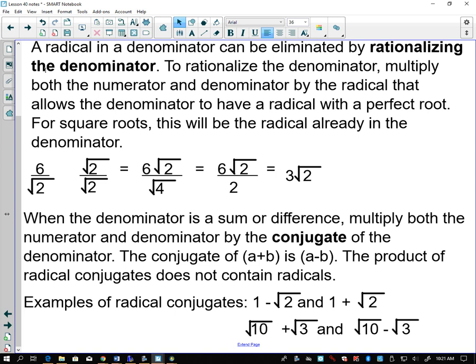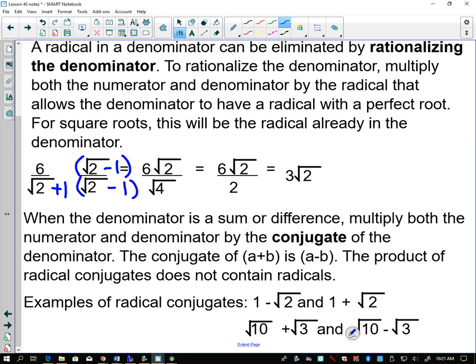Let's say I had, for instance, square root of 2 plus 1 down here, where the plus 1 is on the outside. The conjugate would be square root of 2 minus 1. And I would multiply both the numerator and the denominator by the conjugate.